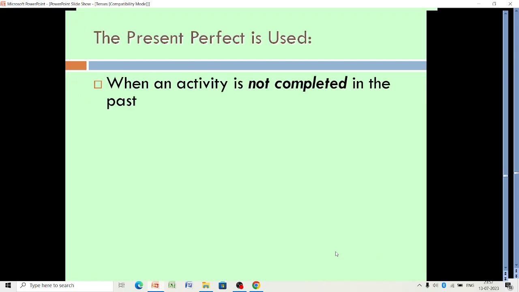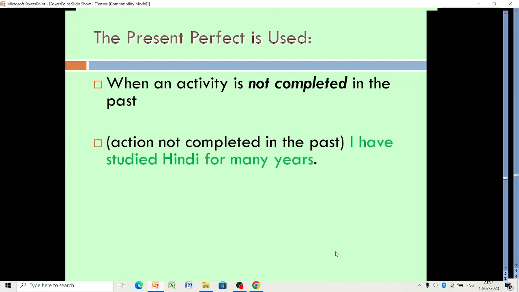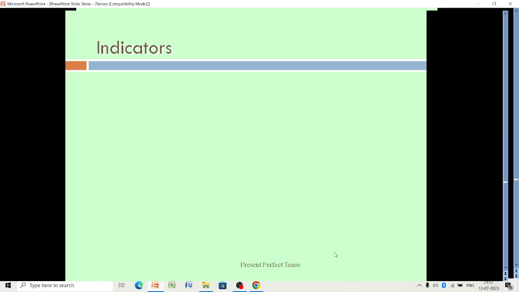When an activity is not completed in the past. I have studied Hindi for many years. I studied Hindi, that is a different meaning. I have studied Hindi for many years, it's not completed.